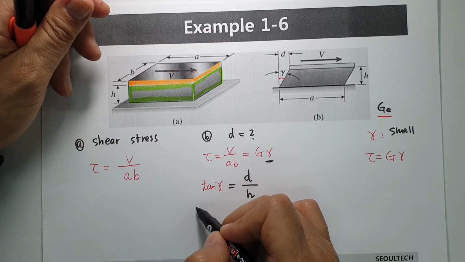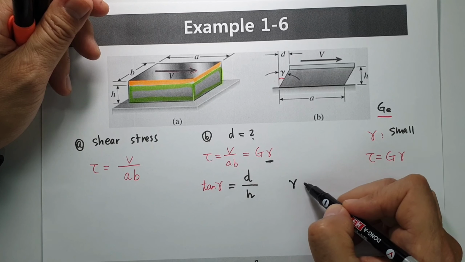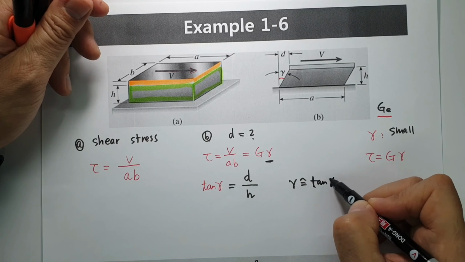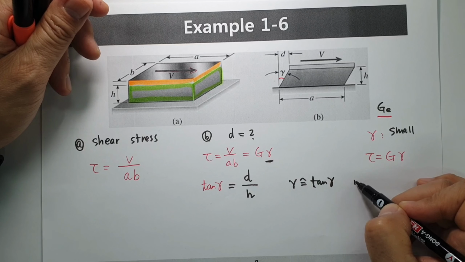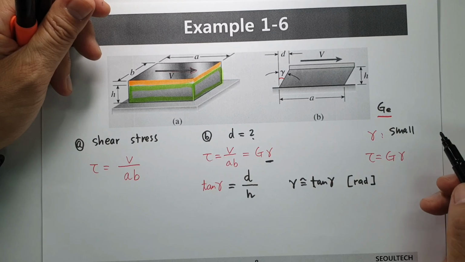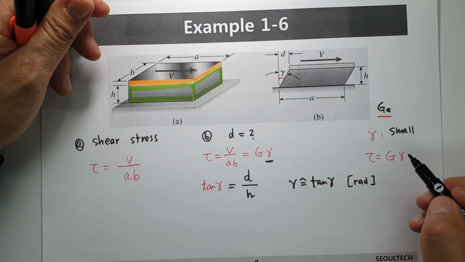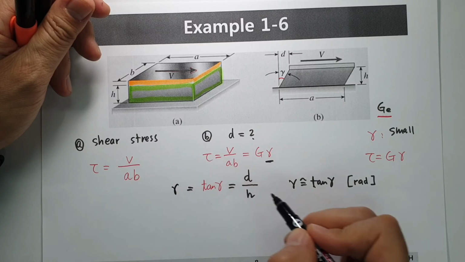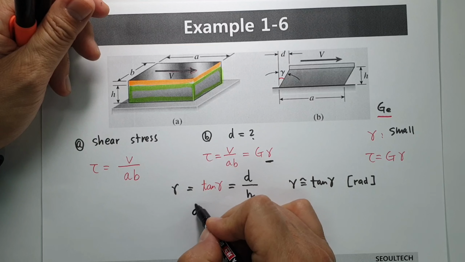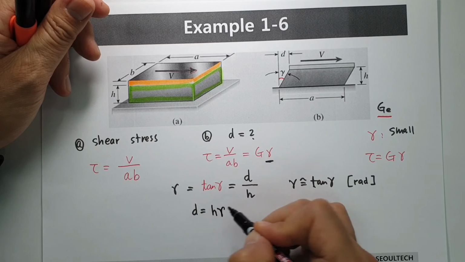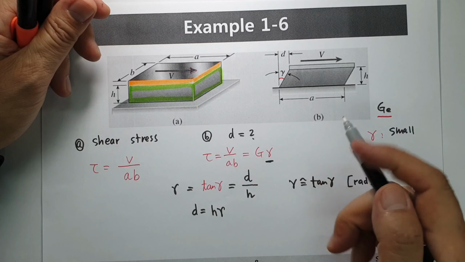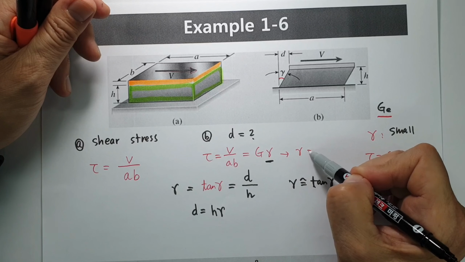When the angle is very small, then gamma is similar to tangent gamma, of course in radians. Then this one is gamma. Then the d value: d is h gamma.